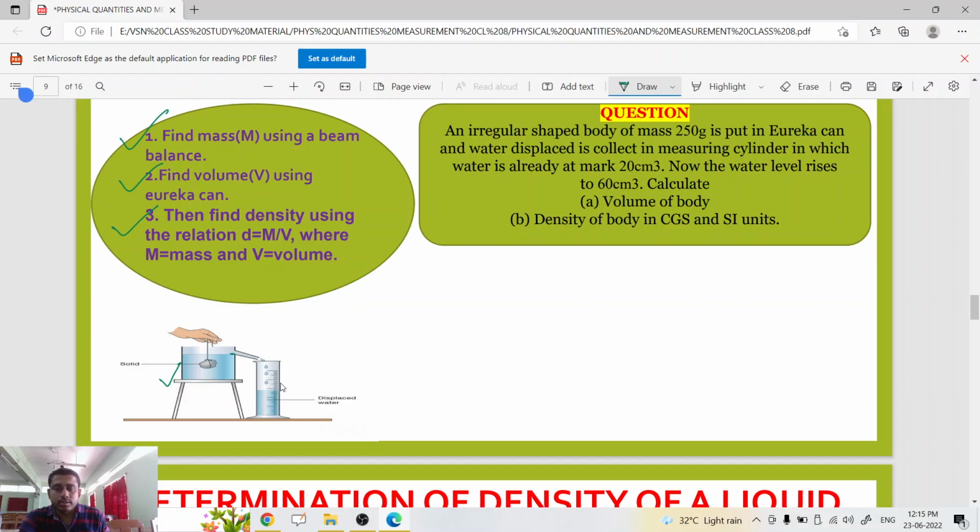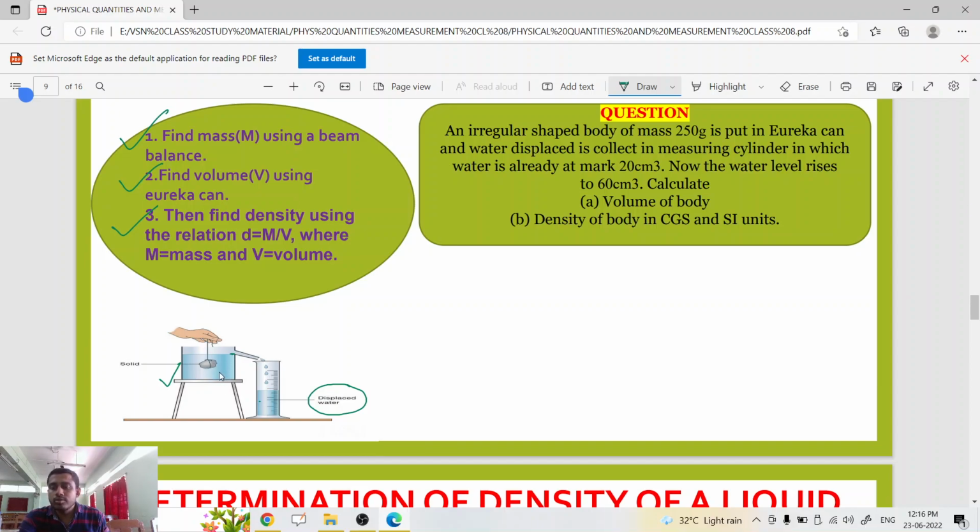The displaced water is taken into the measuring cylinder. This is the volume of displaced water. So the volume of the displaced water is equal to the volume of the irregular shaped body.